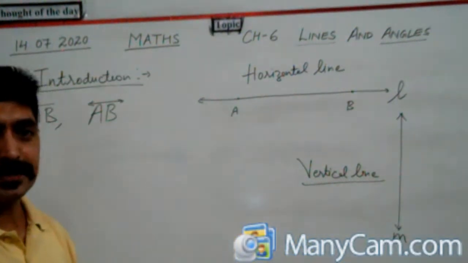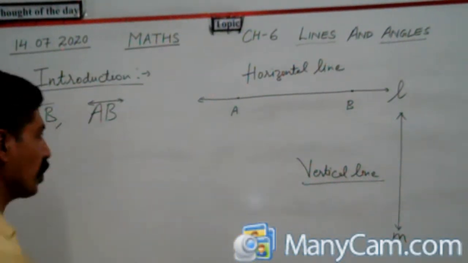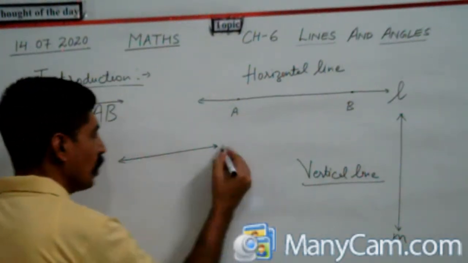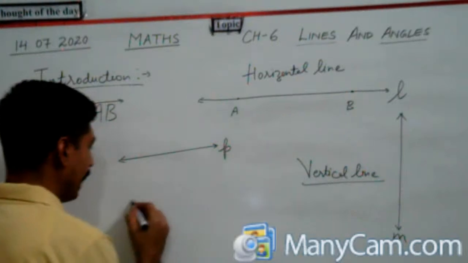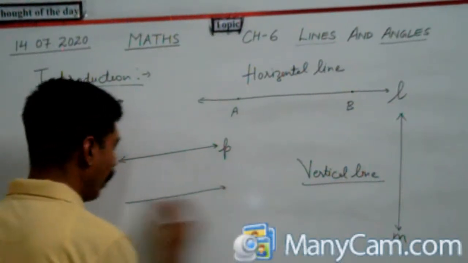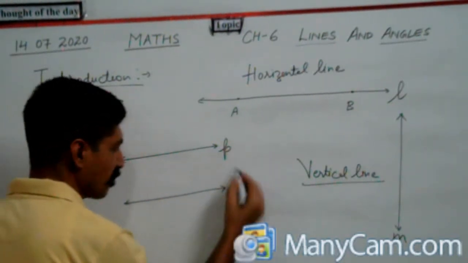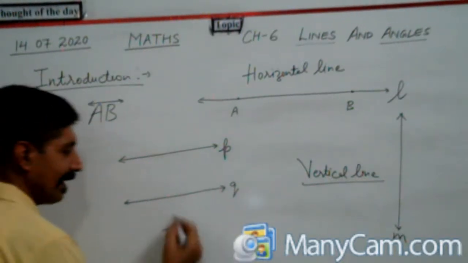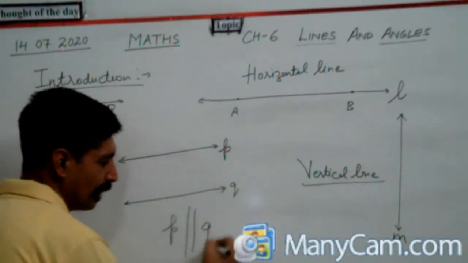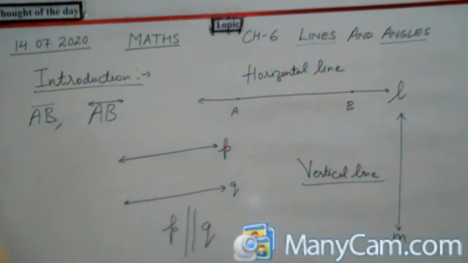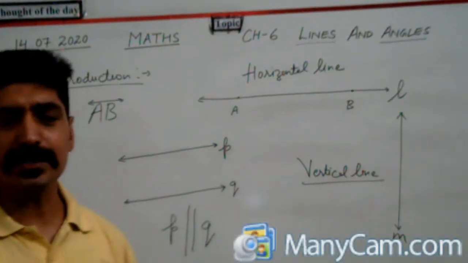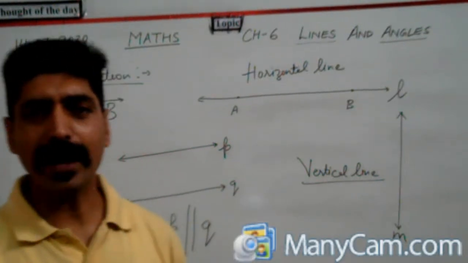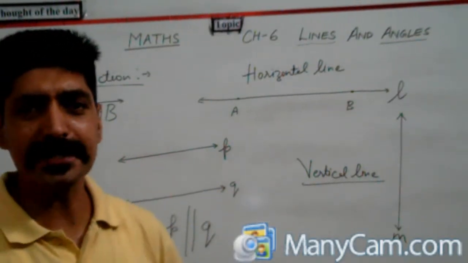If two lines are parallel to each other, suppose one line is denoted by small p and another line by small q, then we say that line p is parallel to line q, right? So we have already discussed what parallel lines and perpendicular lines are.